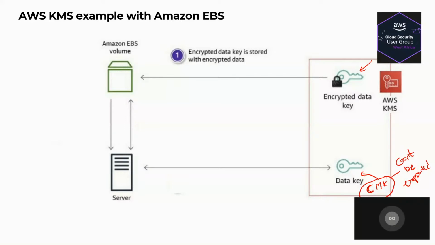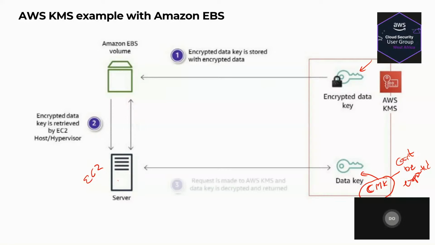And then the EC2 instance in this case, so that's being used by an EC2 instance. The EC2 instance that needs to use the EBS volume is going to retrieve the encrypted data key from the EBS service, and then it's going to make a call to KMS to decrypt that key.